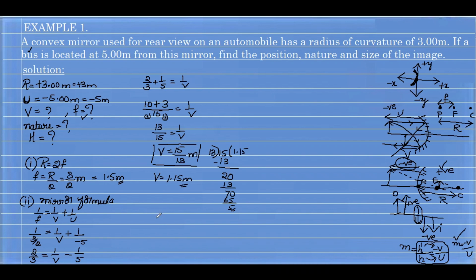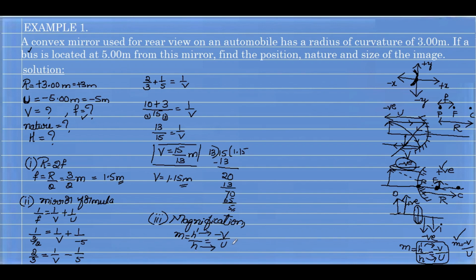So the third one is magnification. Magnification is given by m is equal to h dash by h, which is also equal to minus v by u. h dash is not given, h is also not given, but we know that h dash by h is equal to minus v by u.